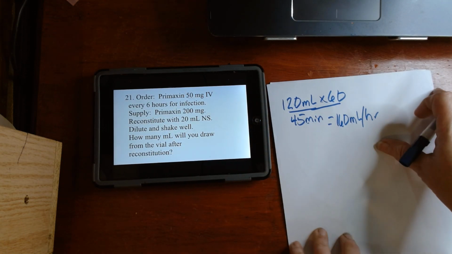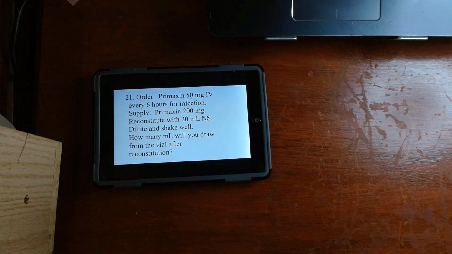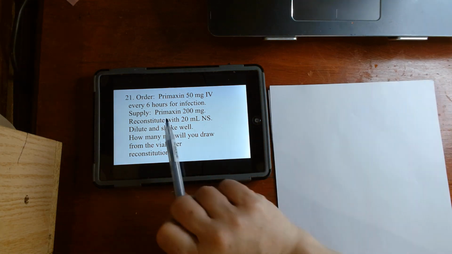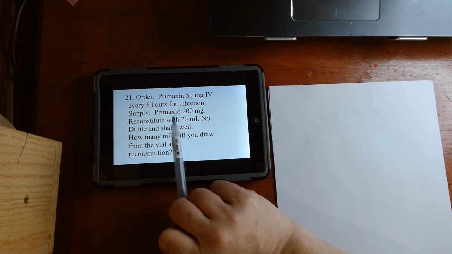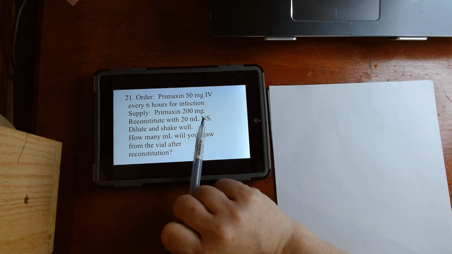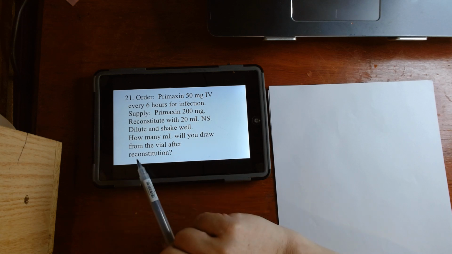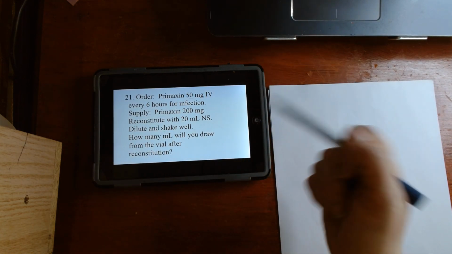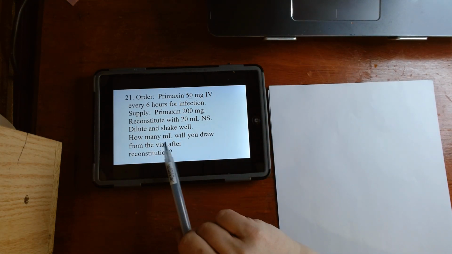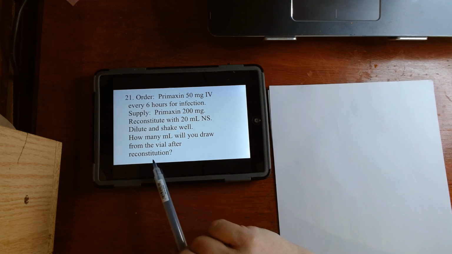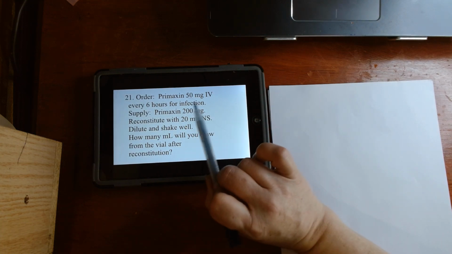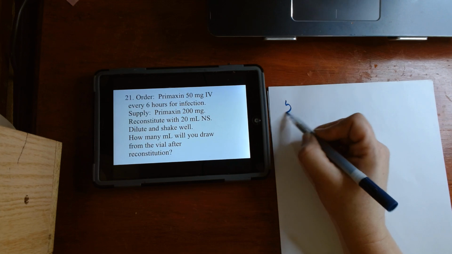All right. Primaxin 50 milligrams IV every 6 hours for infection. You're supplied Primaxin 200 milligrams. You're supposed to reconstitute it with 20 milliliters of normal saline, dilute it and shake it. How many milliliters are you going to draw from the vial? So what he wants is 50 milligrams.